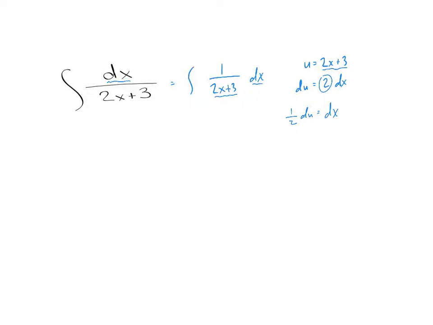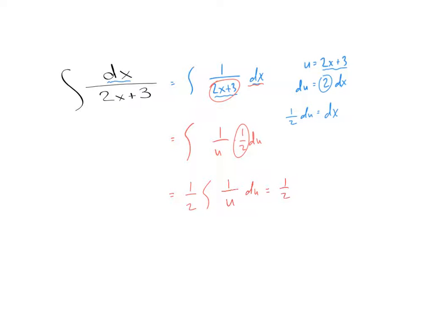So what that substitution looks like when it's done, you have your integral, 1 over u, and then dx is times 1/2 du. And if you would prefer, that 1/2 can just be written out in front of the integral, 1 over u du. So when we integrate that, we have our 1/2 again.